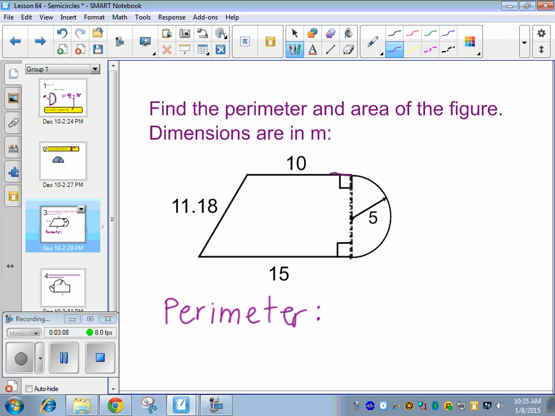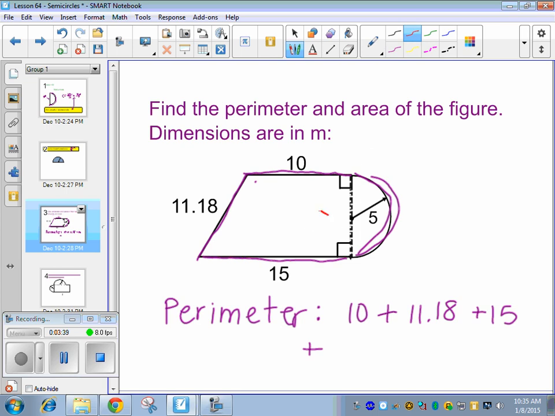So I'm walking across this, and that's a length of 10. And then we're walking here, and that's a length of 11.18. And we're walking here, and that's a length of 15, okay? Plus, now we have a semicircle, okay? Are we going to count the dotted line here?